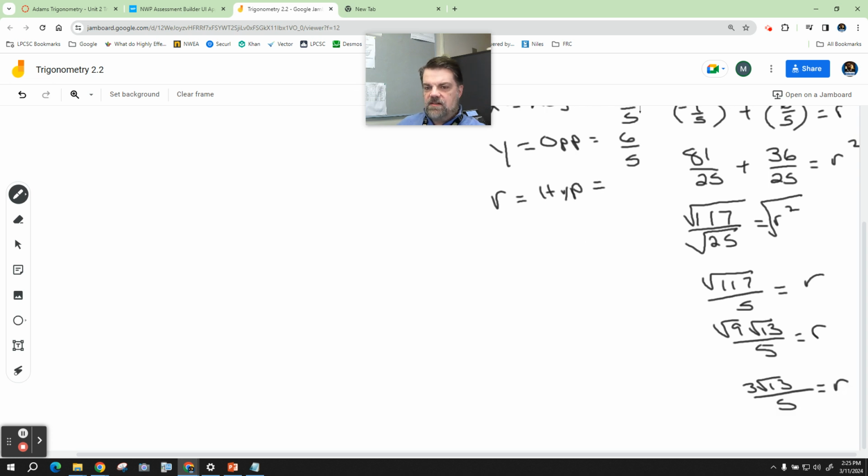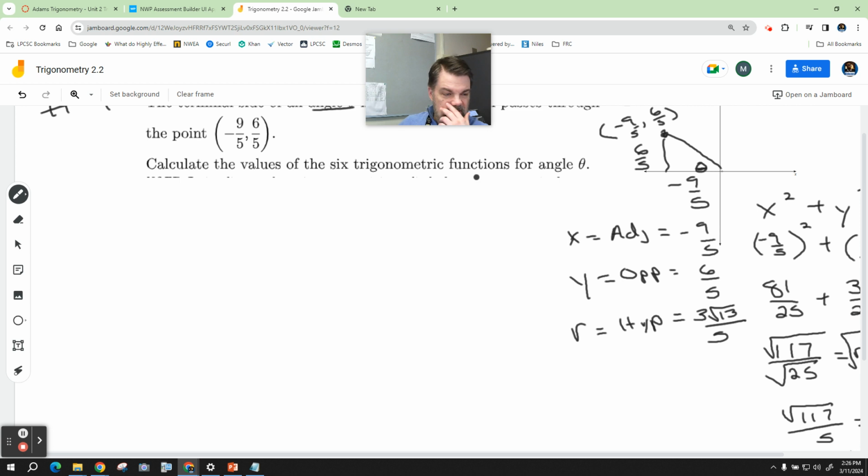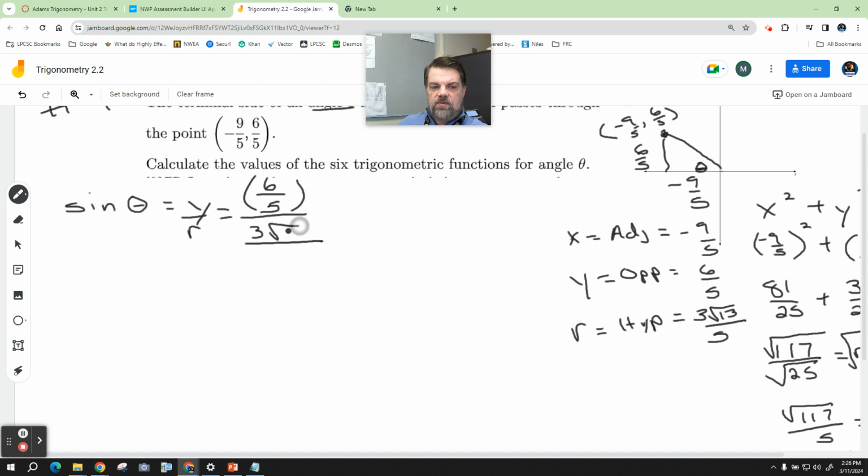Now that is not fun, but we're just going to have to do the math. So then remember that sine of theta is equal to y over r. Y is 6/5 all over the radius, which is 3 root 13 over 5. Now remember, technically we're taking 6/5 and dividing it by the fraction 3 root 13 over 5.